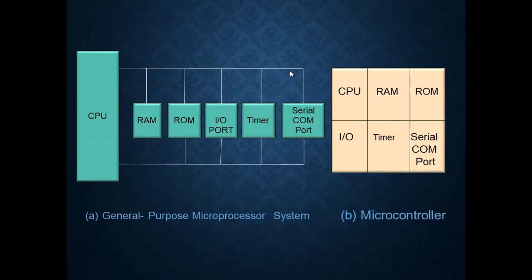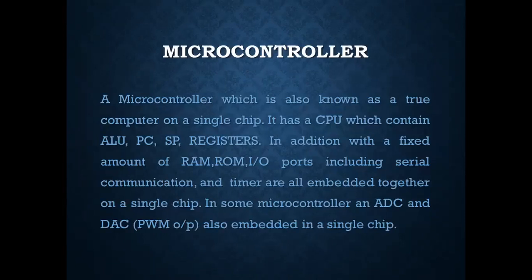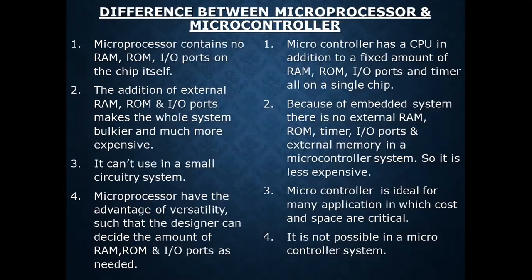So this is the difference between the microprocessor and the microcontroller, as we have already discussed. The microprocessor contains no RAM, no ROM, no input output ports, serial communication ports, timer, ADC, or counter on chip.